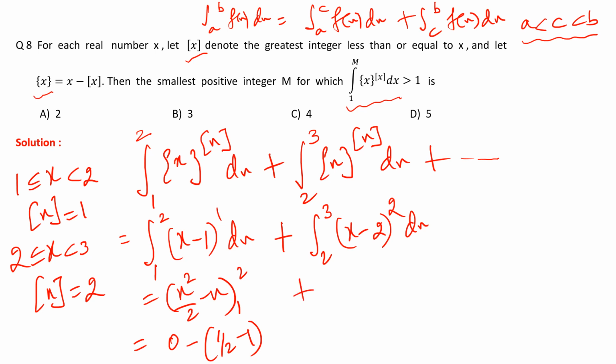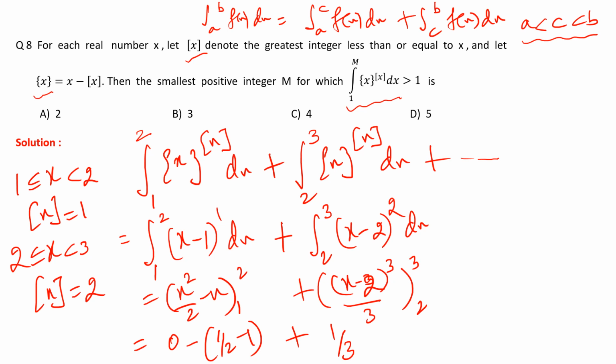So this becomes x minus 2 whole cube divided by 3 under the limits 2 to 3, right? When we calculate this, it comes as 3 minus 2, which is 1 upon 3, minus 0. So till now we have got the value as half plus 1 by 3, which is still smaller than 1, because it is just 5 by 6.